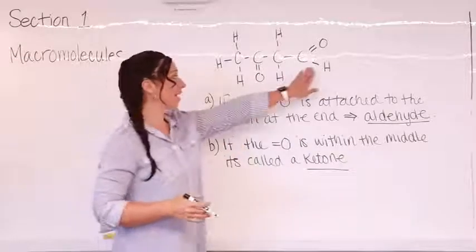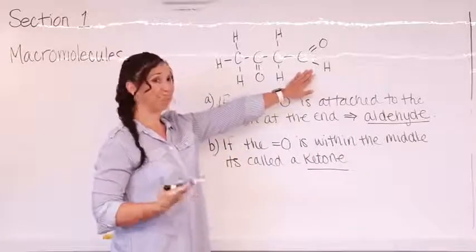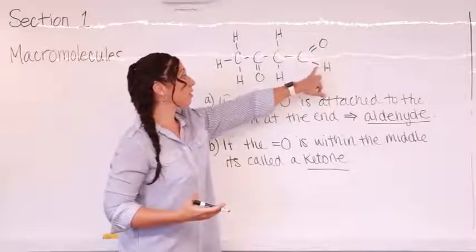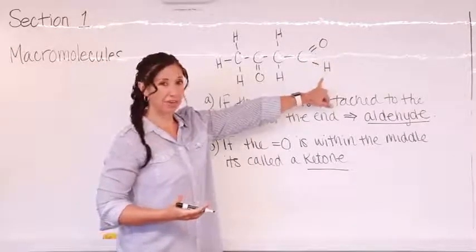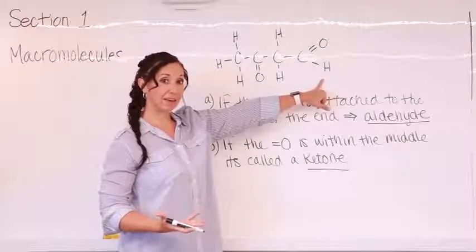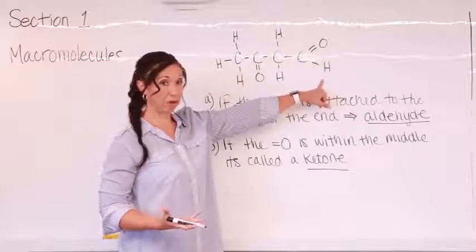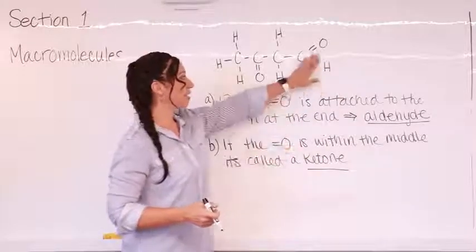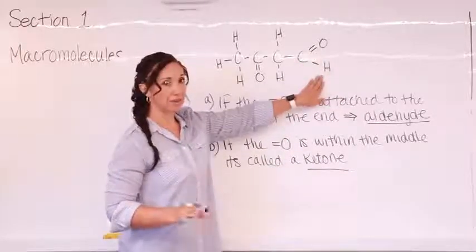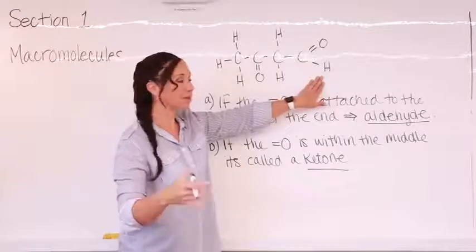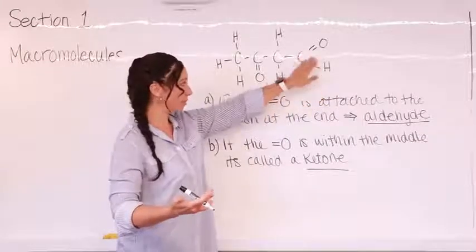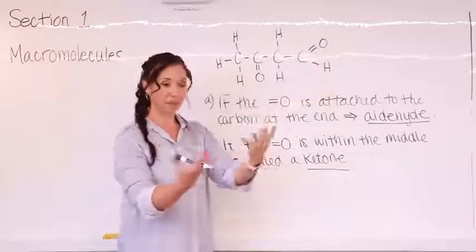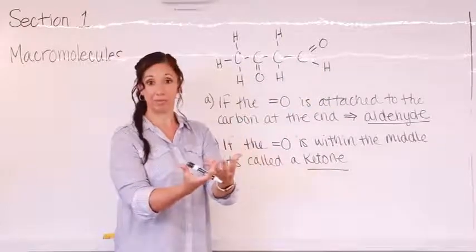The one at the end is called an aldehyde. Now remember, you have to have your double bond O. The reason I have another hydrogen here is because I need to complete the octet around the carbon. Remember, carbon yearns to have 8 electrons around it. If I don't draw that hydrogen there, it's assumed it's there. However, I'm trying to be good at chemistry, so I'm going to make sure I complete my octet.